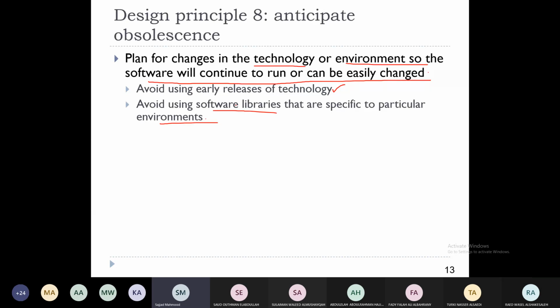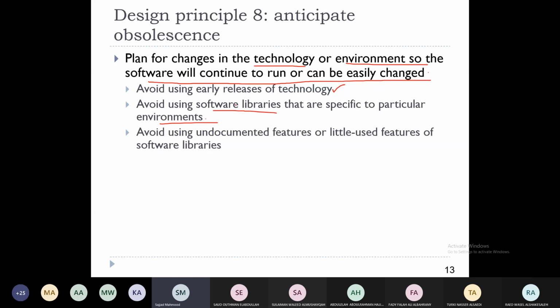Don't use APIs which are only specific to certain contexts, which only work in a certain environment, and then you're stuck there. What if those APIs are not supported anymore? What if they are not available anymore? What if the company that created those APIs goes out of business? You have to really think about all of this, which is also part of your design decisions, and they play a big role there.